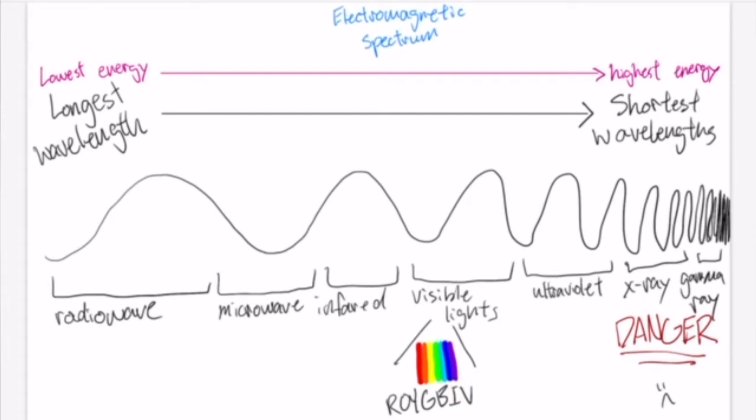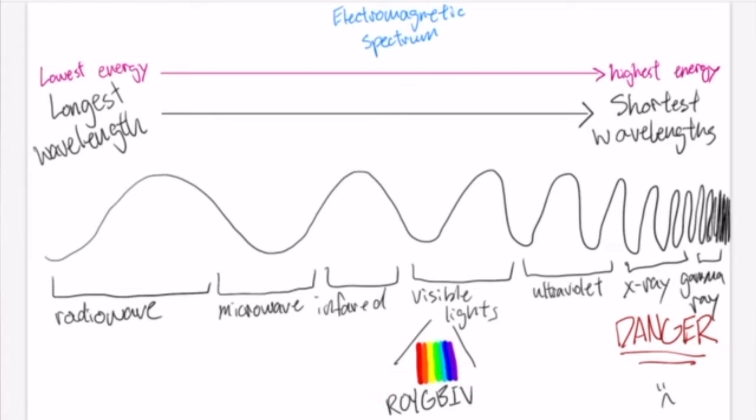Now, when light enters our atmosphere, which is made out of oxygen and nitrogen, it reacts very differently to the gas molecules in the atmosphere depending on their wavelength. So basically, for example, violet, with the shortest wavelength out of Roy G. Biv, is affected by the gas molecules more.